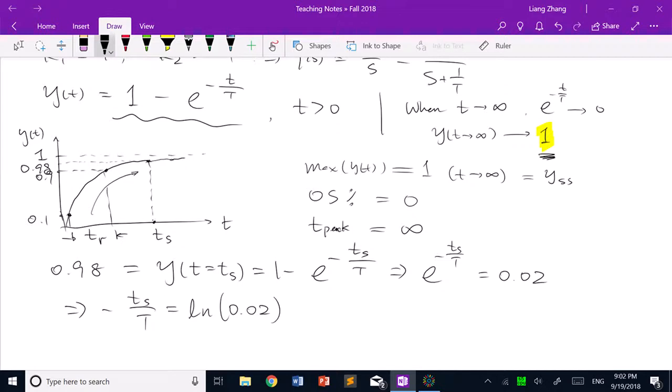And one more step, you take the logarithm of both sides. It will be like this.